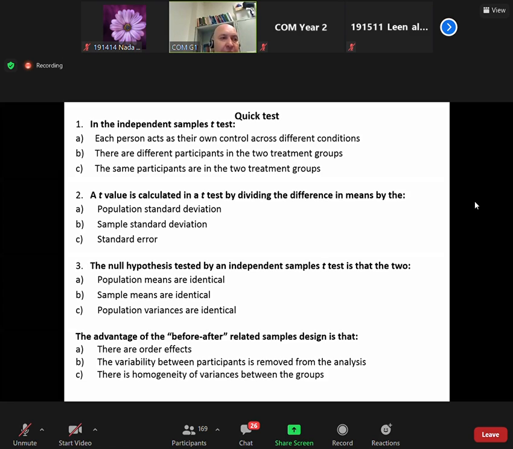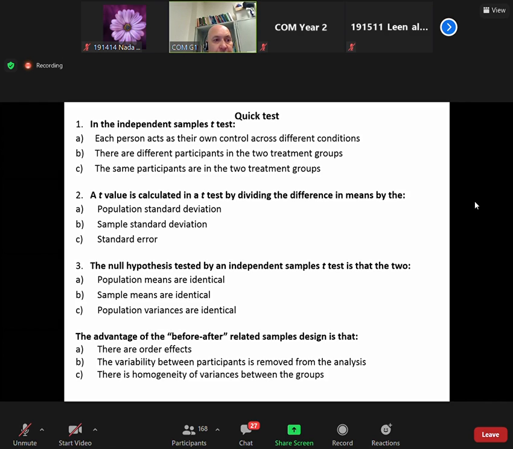So by elimination, B is the correct answer, although no one seems to, okay, one person I think got it. It's the variability between participants which is removed from the analysis, because we're using the same person, they act as their own control. You've got 2 measurements from each person, so we can remove the variability between different people, which is nice. So B is the answer for the last question.